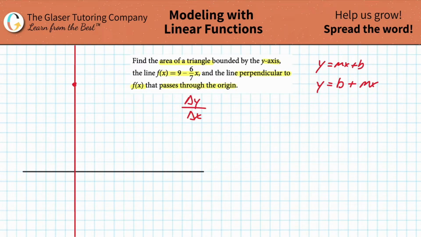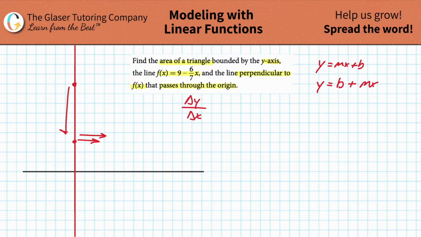For example, I'm going to go down 6 spots from this point: 1, 2, 3, 4, 5, 6. Once I do that, I have to move in the positive x direction. I went in the negative y, and now I'm going to go in the positive x. A negative y divided by a positive x works out to be a negative value, and that's because the slope is negative.